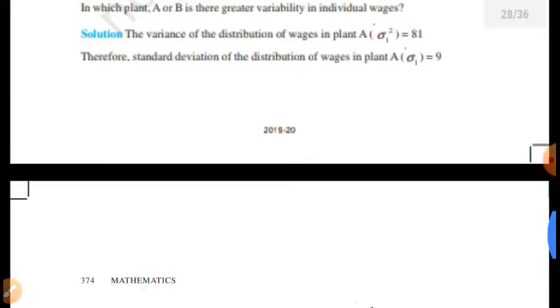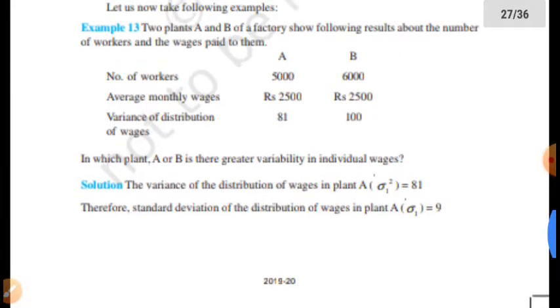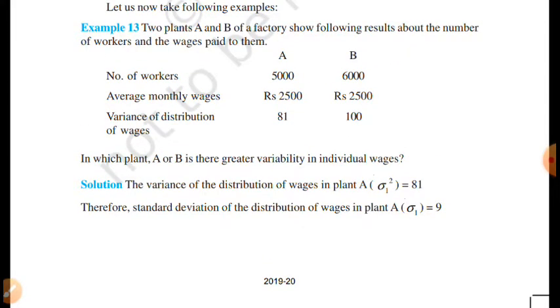For B, the variance is 81, so the standard deviation is 9. Since the average monthly wages in both plants are the same, 2500 rupees, both have the same average.